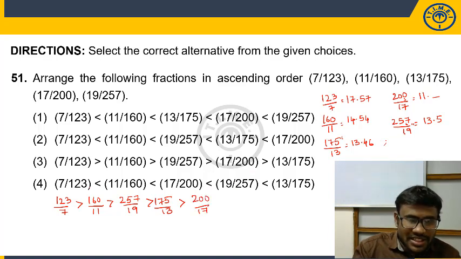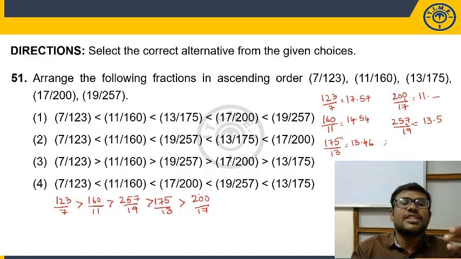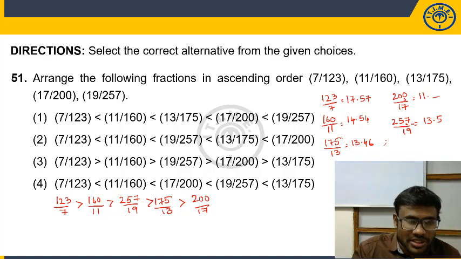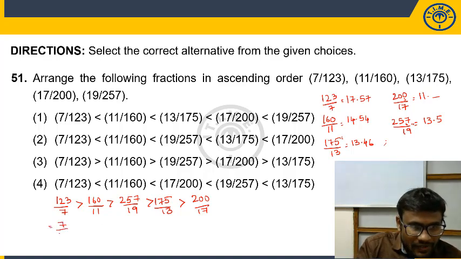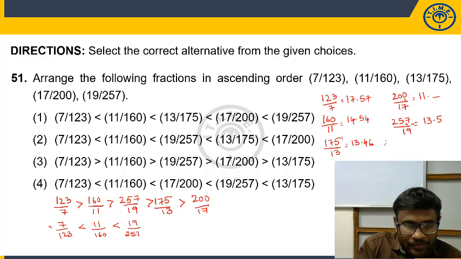Since these fractions are in descending order, their reciprocals will be in ascending order. That is 7 by 123 less than 11 by 160 less than 19 by 257 less than 13 by 175 less than 17 by 200.